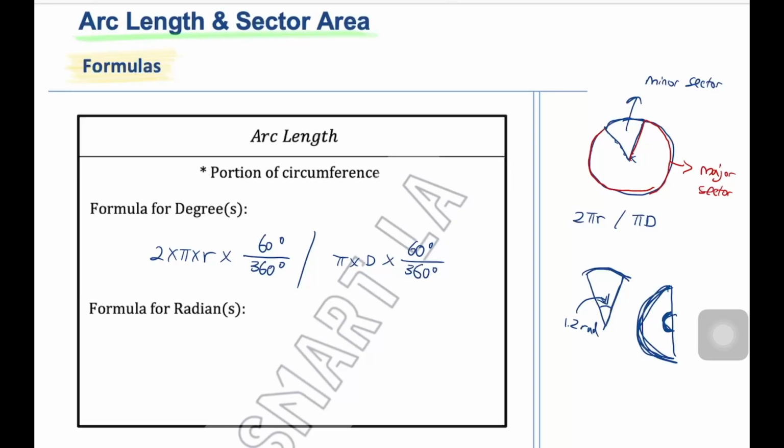How do we find the arc length? It's a very similar flow, because the concept is still the same. This arc length is still a portion of the circumference, the pizza crust, so the formula will still be the same.